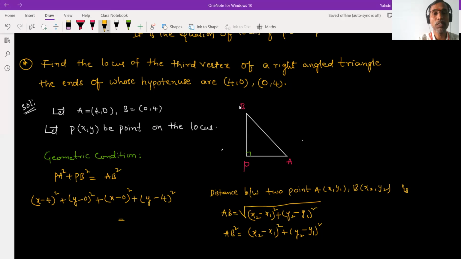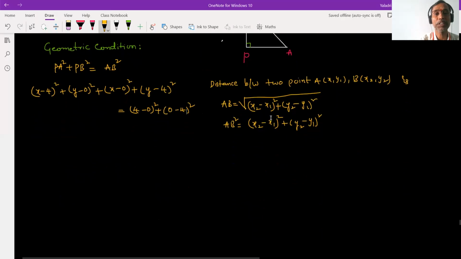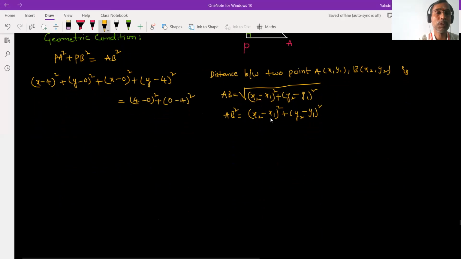AB square means the distance between these two: (4 minus 0) whole square plus (0 minus 4) whole square. Now we should expand this one, (a minus b) whole square, which is a square plus b square minus 2ab.